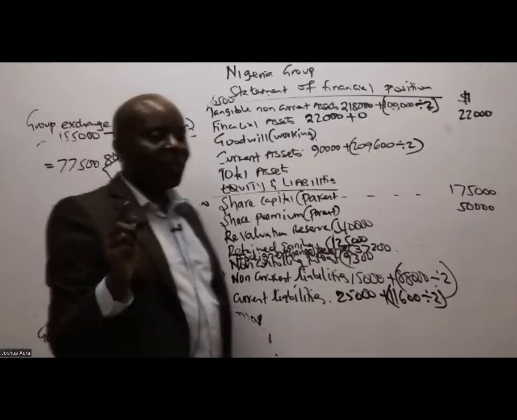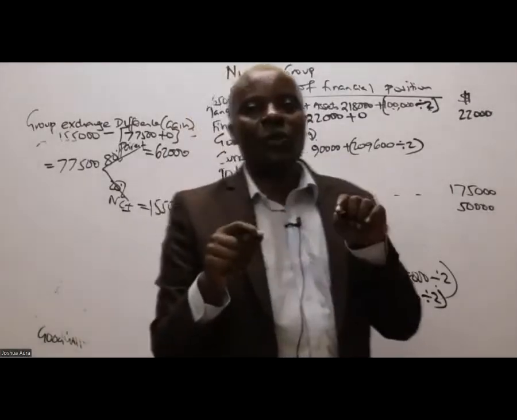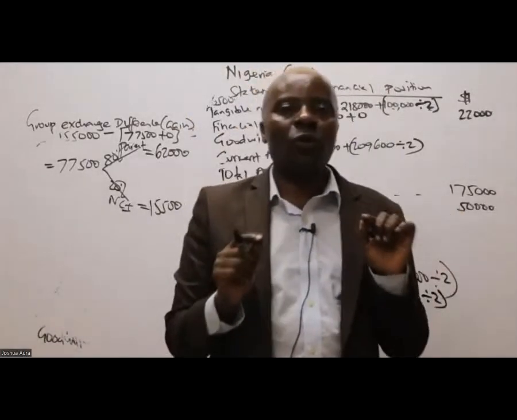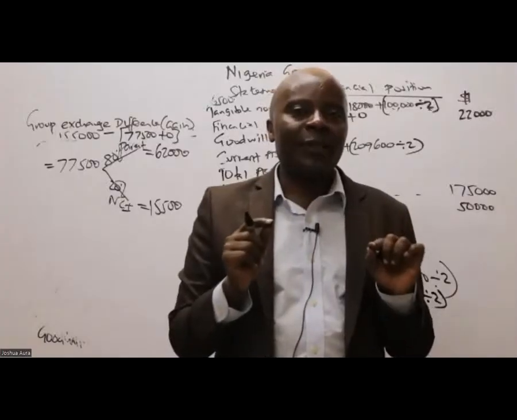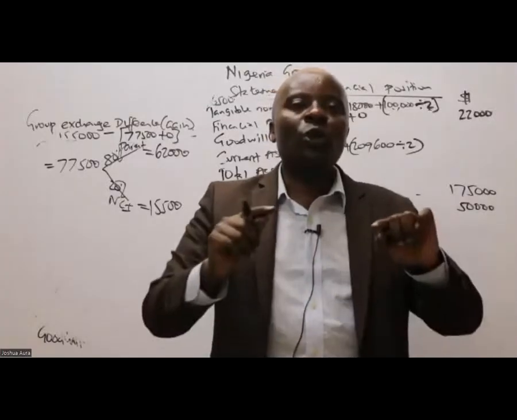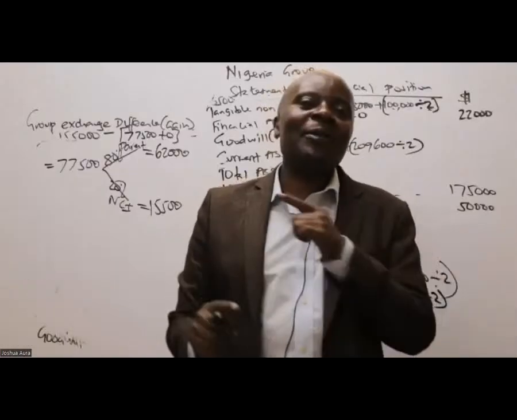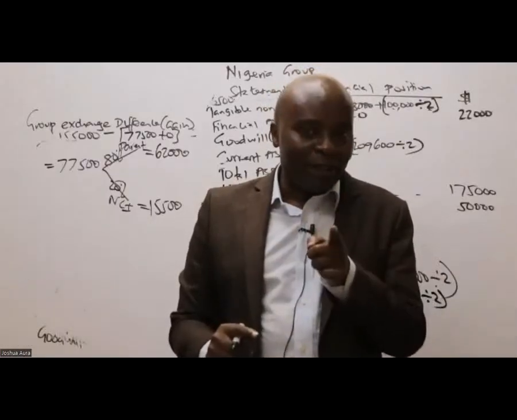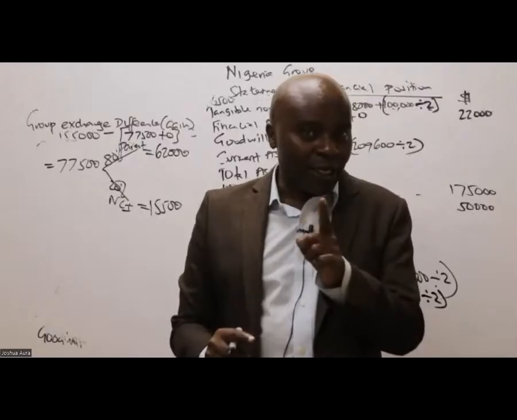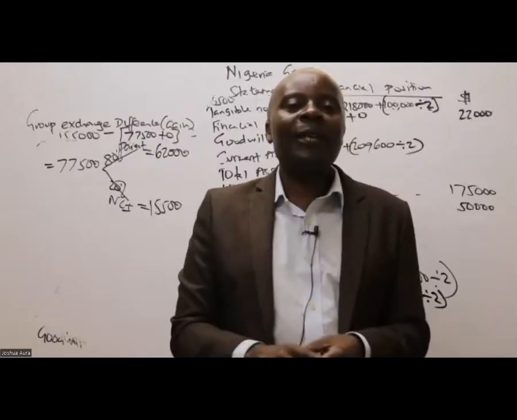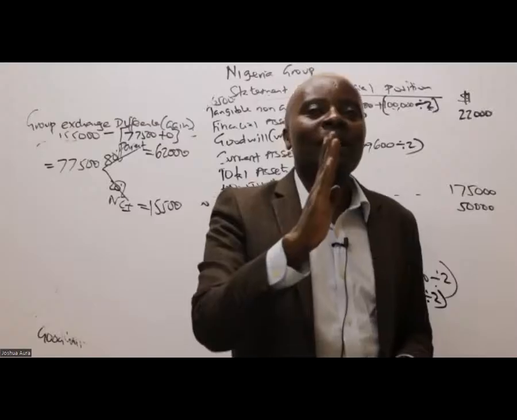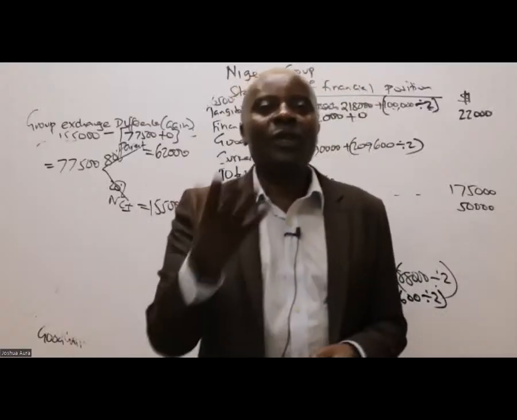In the income statement, these revaluations which come as a result of foreign currency translation will go to what we call other comprehensive income. These amounts are never available for sharing to the group owners as dividends. You cannot come and tell people that upon retranslating our subsidiary, this is an income.